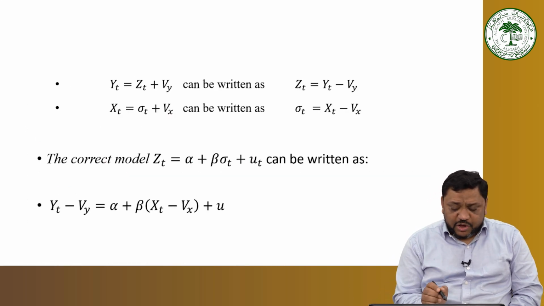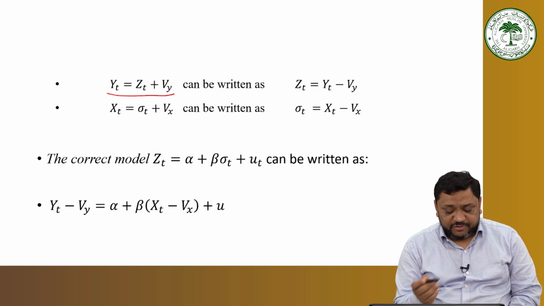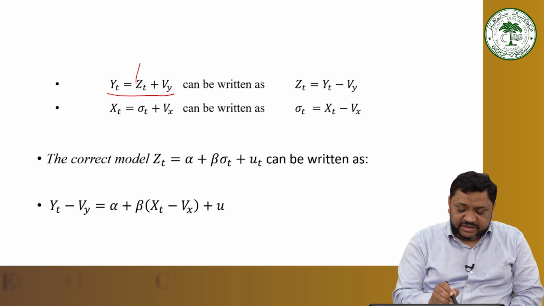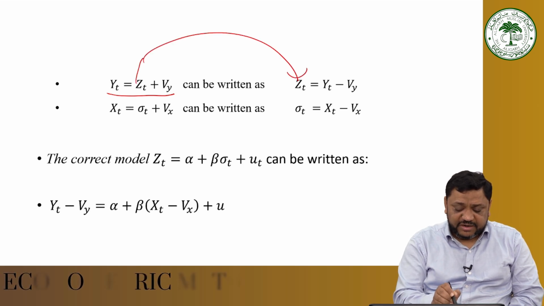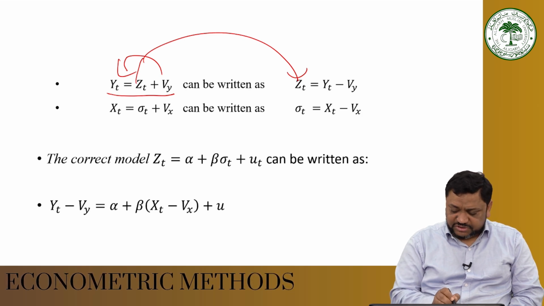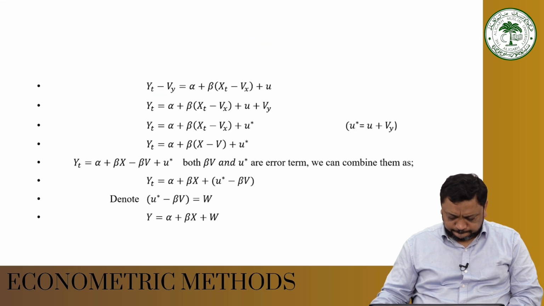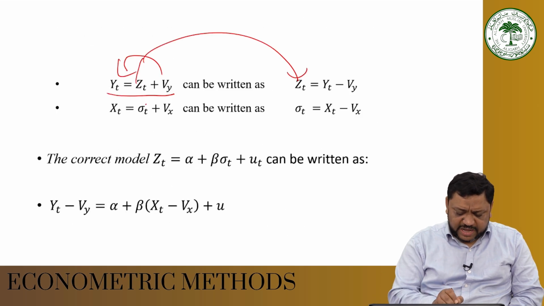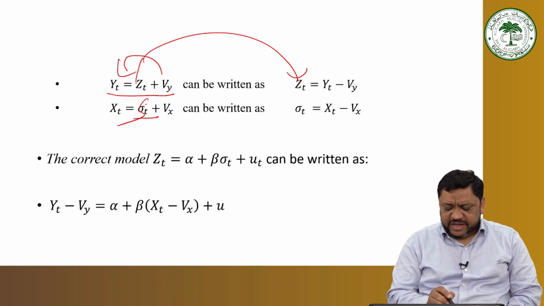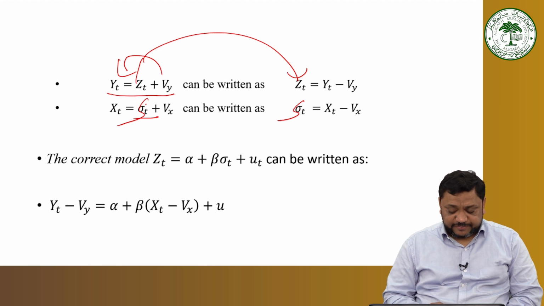Now what we are doing is, we don't have the data for z, but we have the data for y, and y consists of z plus an error. So we now write z in terms of y, so z is equal to yt minus vy. Similarly over here, this is sigma t, or we will call it st, plus vx. So here st is equal to xt minus vx.